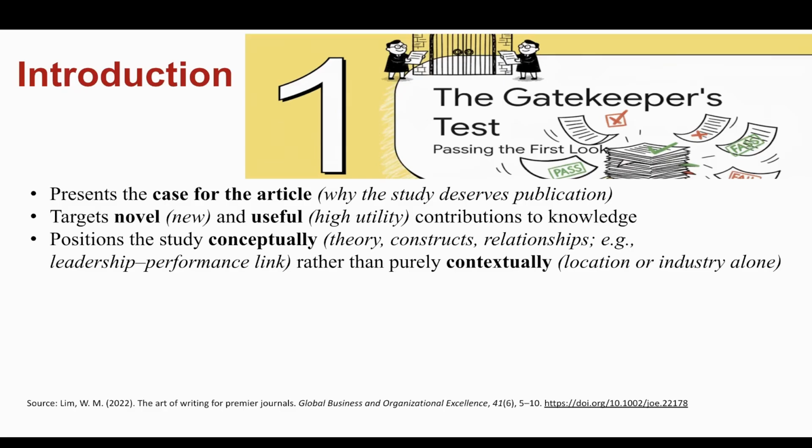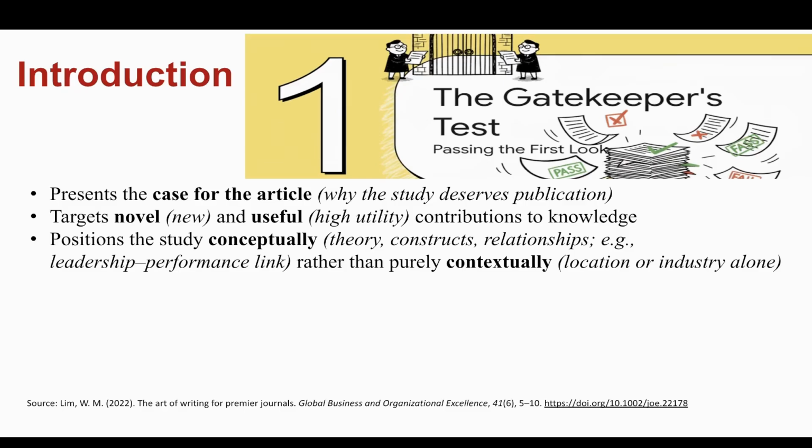Sometimes people do it like this: let's say a study has already been done in a particular industry, for example the banking industry or the software industry. Researchers sometimes just differentiate it on the basis of industry.